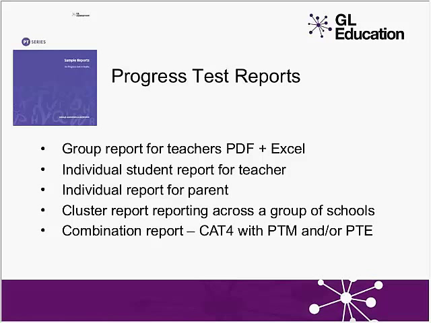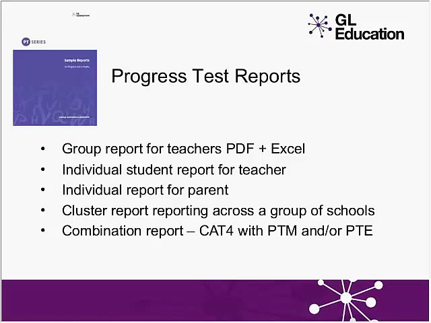So I think the fact that we've got this individual report that can support you in communicating with parents is an invaluable asset. Obviously, if you work within a group of schools or a chain of schools, to be able to have a cluster report so that you compare trends and patterns over time across your schools, that's a key advantage as well.